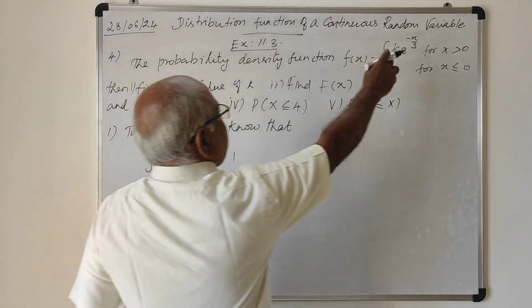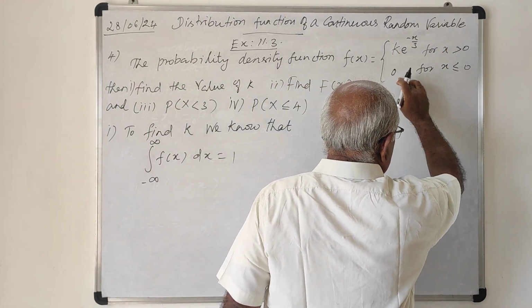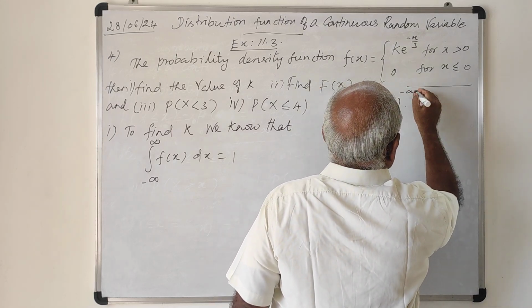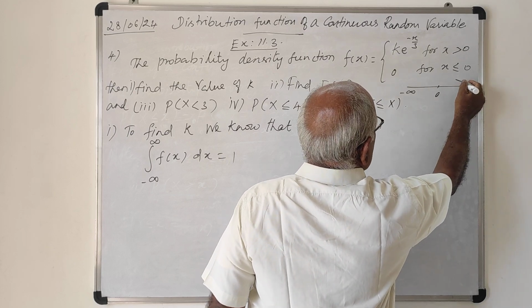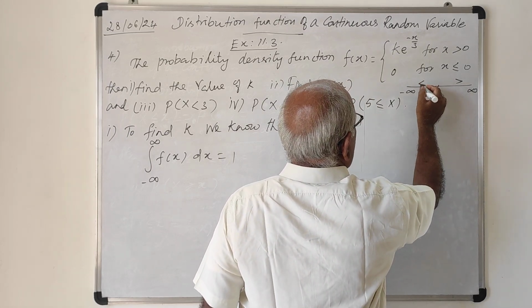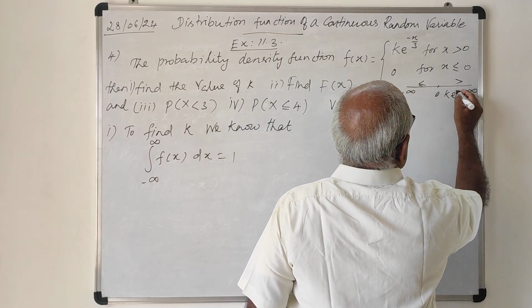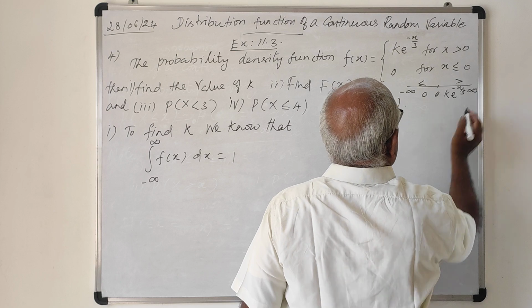But the function exists only from 0 to infinity. From minus infinity to 0, the function is 0. Consider this is minus infinity, this is 0 and this is infinity. For x greater than 0 the function exists, and for x less than or equal to 0 the function is 0.